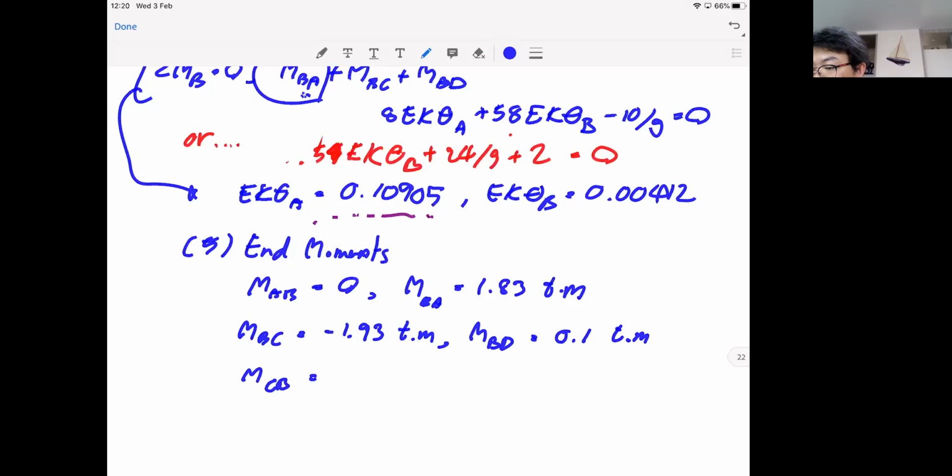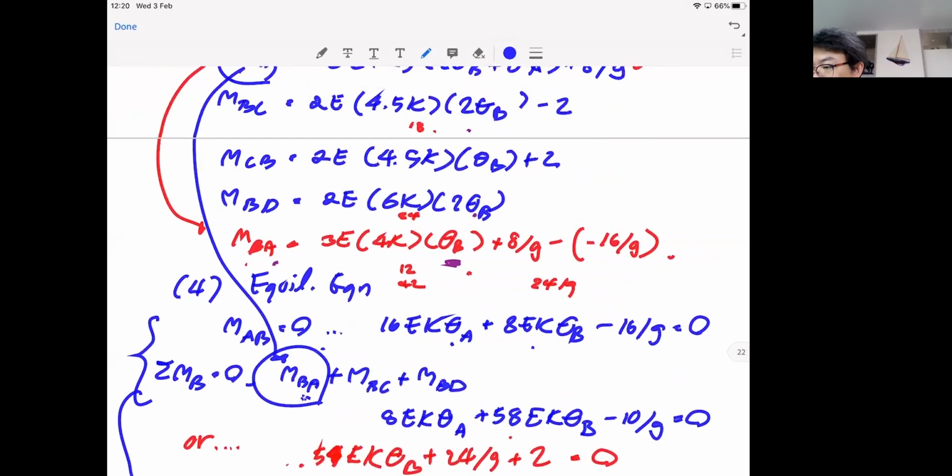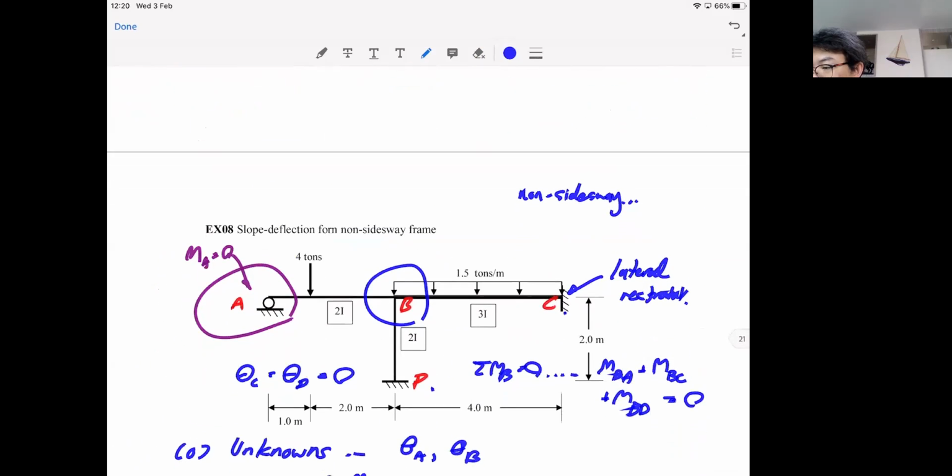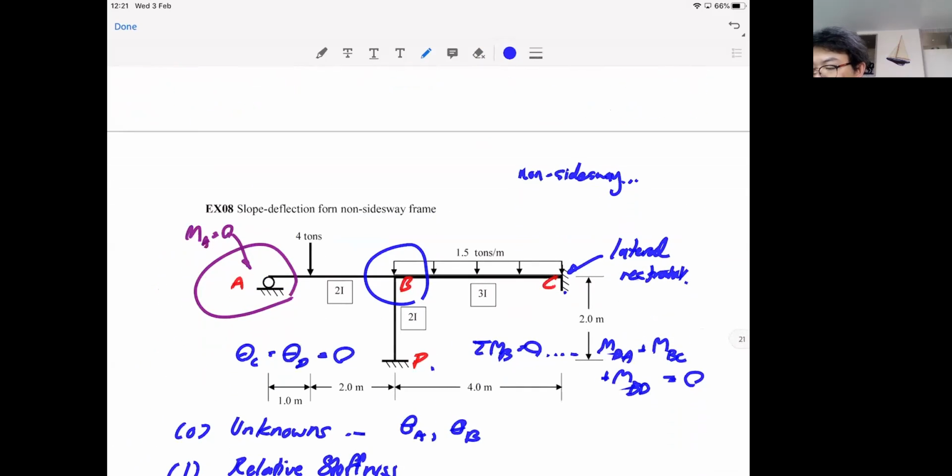MCB is 2.04 ton meter. And MDB almost 0. Because if you go back and look at the structure, if you don't have a sway problem, this becomes almost like a typical continuous beam problem because it's non-sideway.